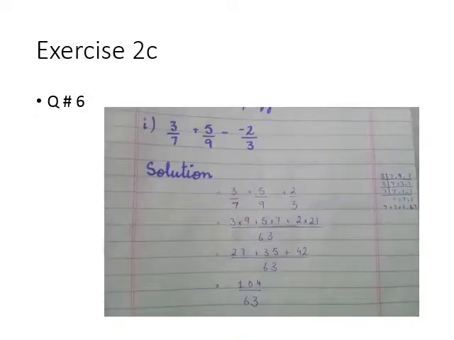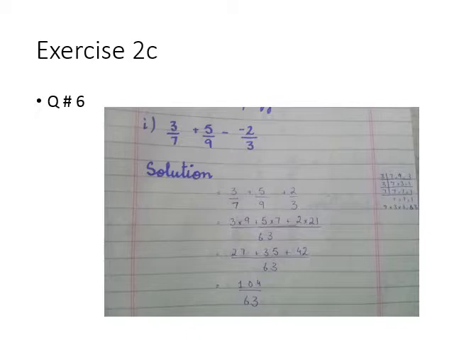Next question is question number 6. Simplify the given: 3 over 7 plus 5 over 9 plus 2 over 3. First we will take the LCM of the denominators and we will get 63. For 63, for the first fraction with denominator 7 we will multiply the numerator 3 by 9. For the second numerator 5 we will multiply by 7, and for the third we will multiply by 21.